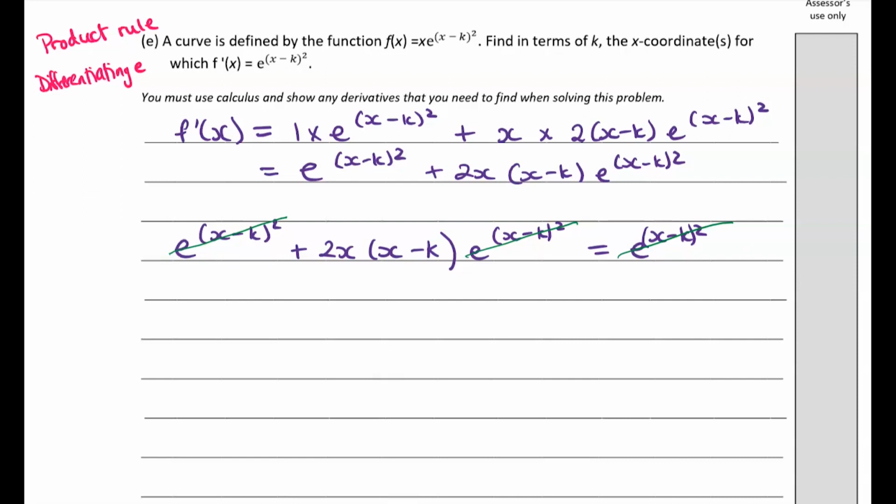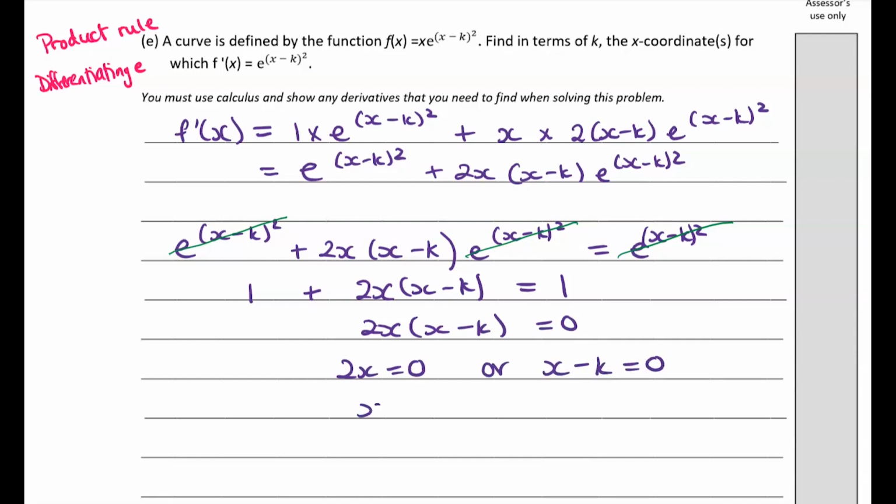So we end up with 1 plus 2x x minus k is equal to 1. So 2x x minus k equals 0. And so x is 0 or x is k.